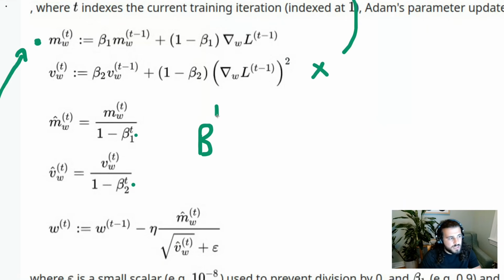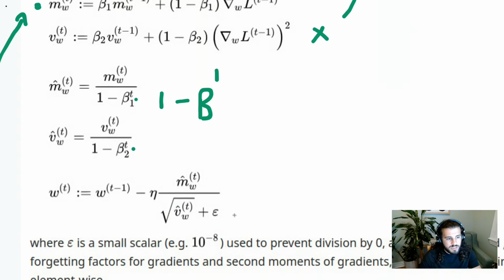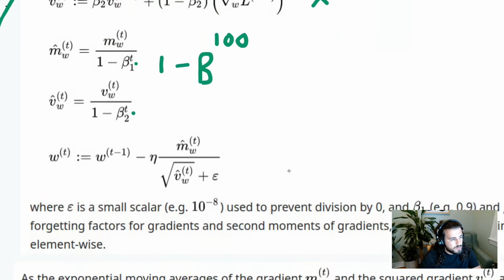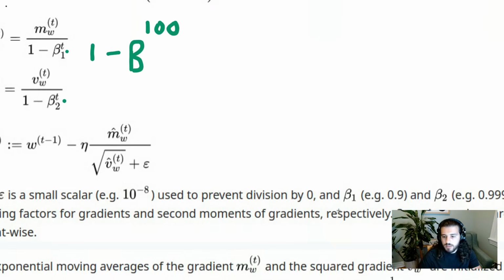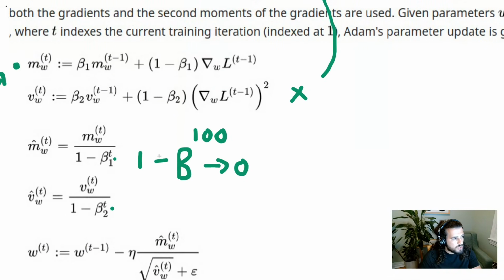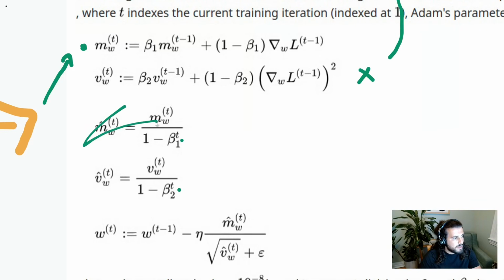So at the beginning, you're going to have beta to the power 1, and 1 minus beta to the power 1 is something like 0.9, so you're going to scale this element. But as the exponent increases, let's say to 100, you're going to have 0.9 to the power of something large, so it will tend to 0. Then you will do 1 minus 0, which is 1, so this will stop being applied. So it's duct tape at the very beginning. Don't worry too much about that part.